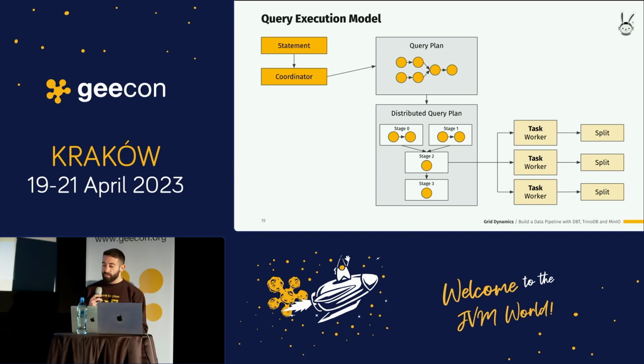After this, the workers come in, because these stages have tasks, and the tasks are the ones that actually run on the workers. Even more, tasks are divided into splits, which make it easier and faster for the workers to do their job. I think that's all for now for this part.